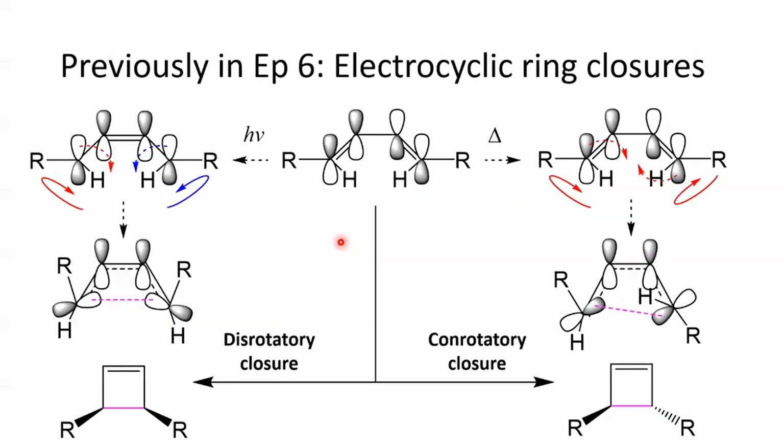Here we can see a recap of the orbital arrangement that you would get either for the excited state if you're applying light, or the ground state if you're applying heat. And the biggest difference between the two routes is if we look at the outer two most orbitals of the conjugated system, here we can see the phase of the orbitals are aligned to form a bond by disrotatory closure, whereas on the other side we can see that the orbitals are set up to bond if you rotate them in a conrotatory fashion.